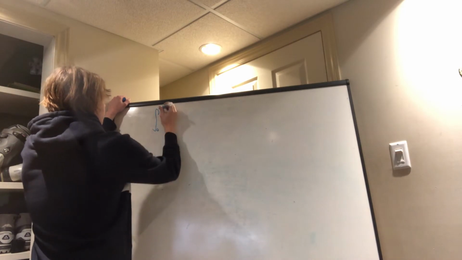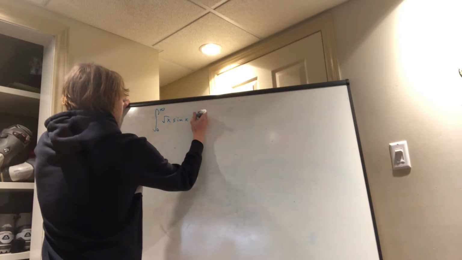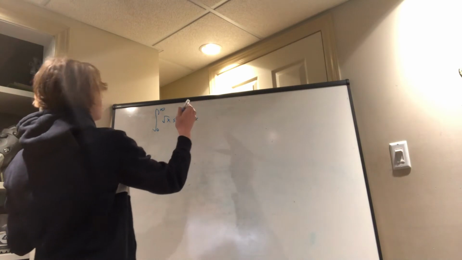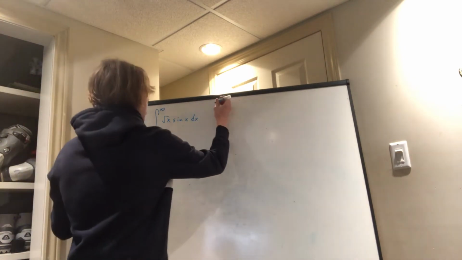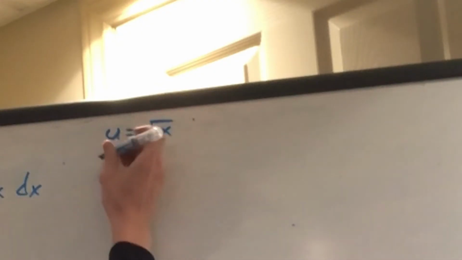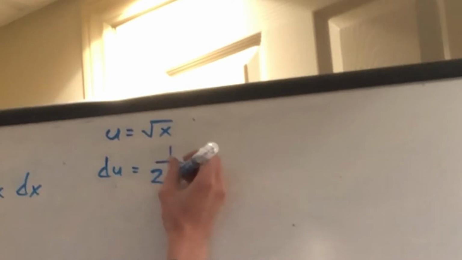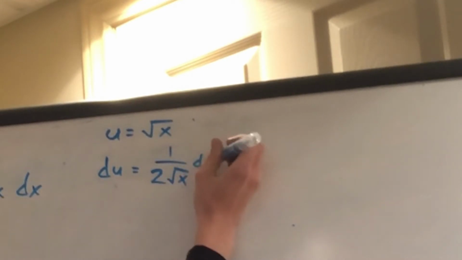To start, the integral from 0 to infinity, the square root of x sine x dx. We're going to do integration by parts. We're going to set u to be the square root of x, meaning that du equals 1 over 2 square root of x dx.